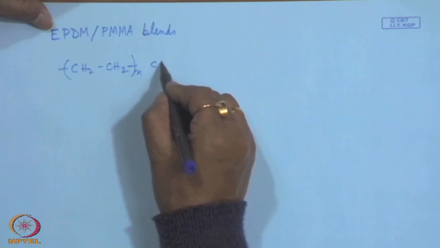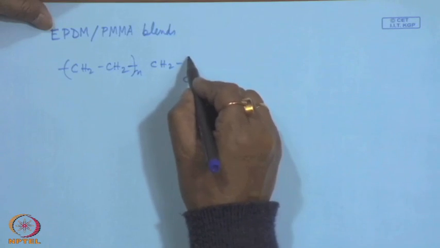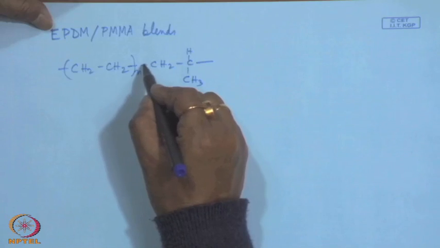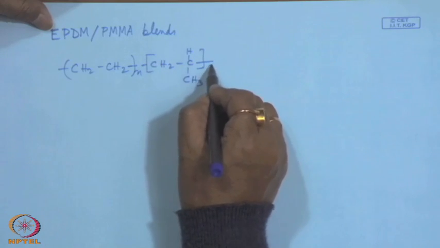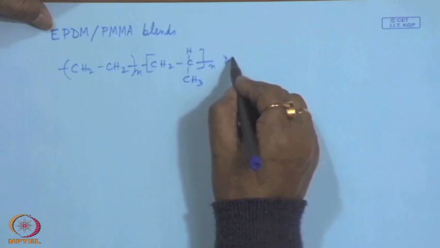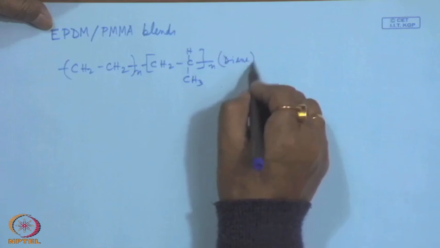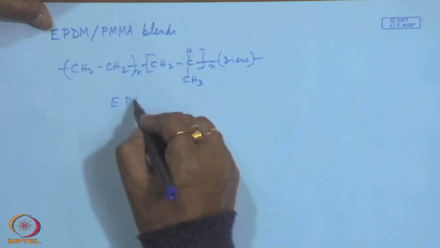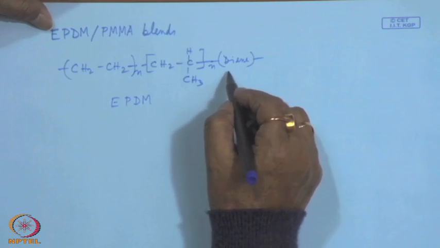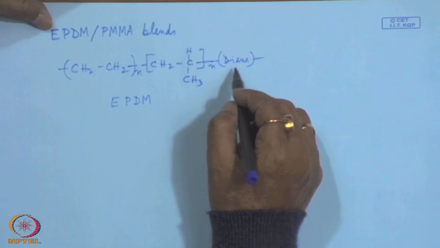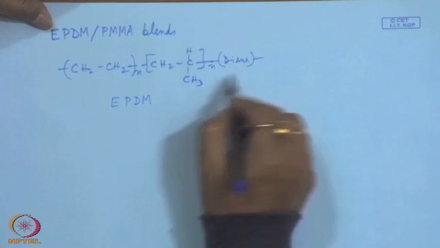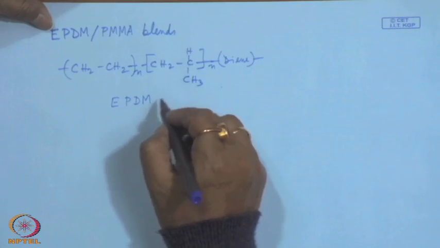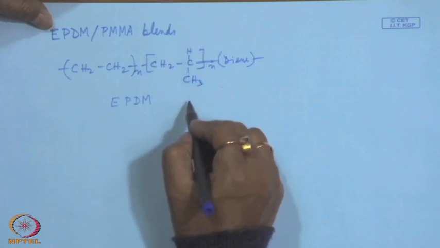Ethylene unit, propylene unit, and some diene unit along with this. So, this is EPDM. Diene can be ethylene norbornene, 1,4-hexadiene, so and so.